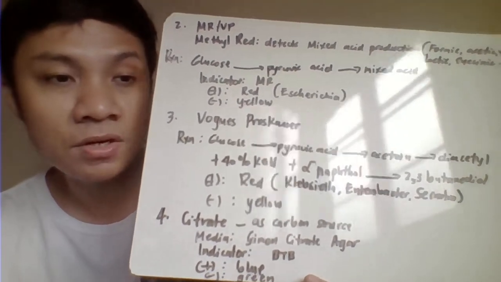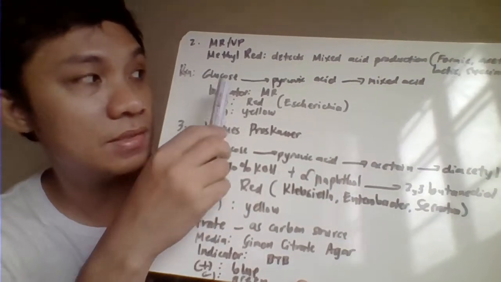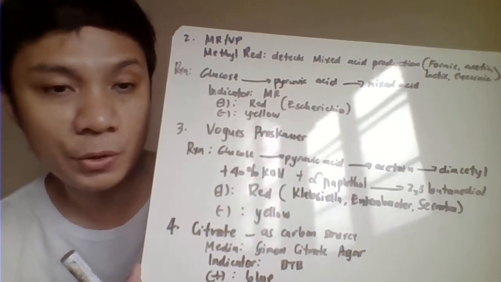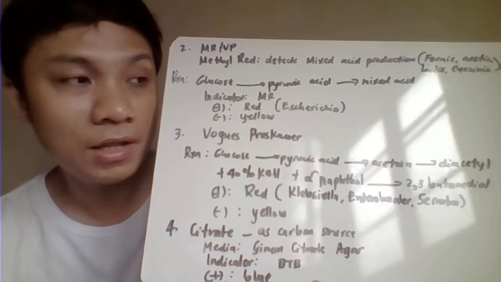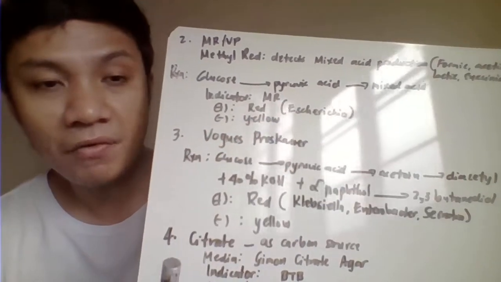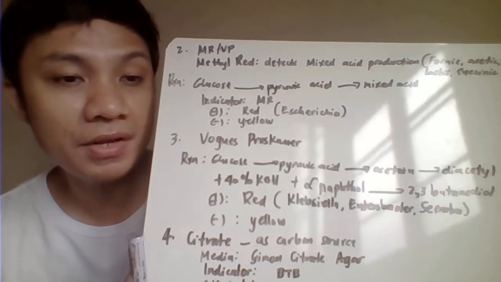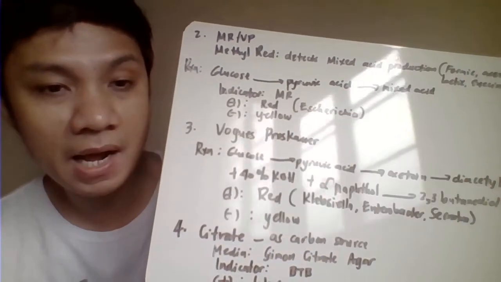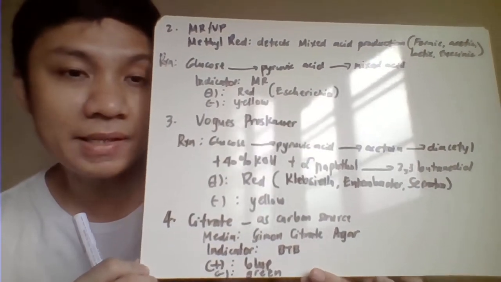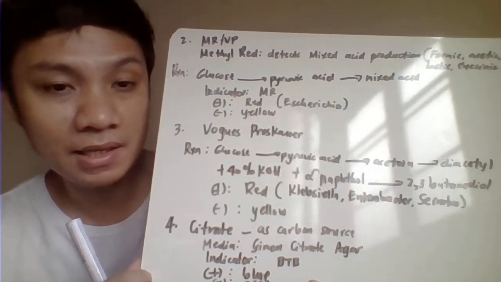In the basic reaction, your bacteria utilize glucose as its carbohydrate source, which is converted to pyruvic acid. But some bacteria further convert the pyruvic acid to mixed acid, and that's what you are detecting in the methyl red test.